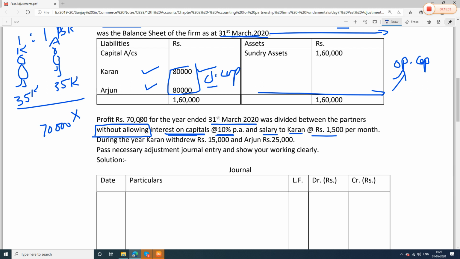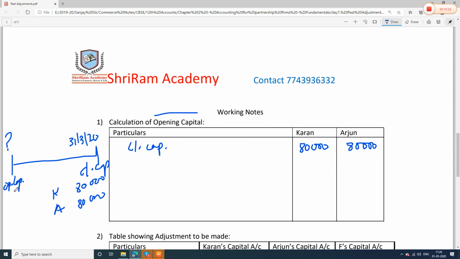See guys, when profit is given to them, 35,000 to Karan and 35,000 to Arjun, we always add profit in the capital, so their capital also increased by 35,000. So in our case, because we have to calculate the opening capital, this closing capital will include the profit, so we will deduct profit, less profit. Profit was how much? They were equal partners, 35,000 and 35,000 rupees.